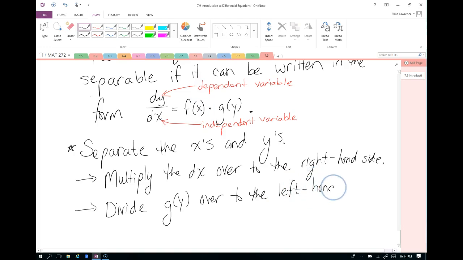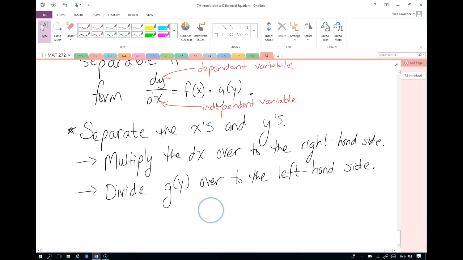But like we said at the beginning of this section, really multiplication and division are the same thing. Multiplying is the same as dividing by the reciprocal. So if I do this, I'll end up with 1 over g of y dy equals f of x dx. So everything with a y is on the left, everything with an x is on the right.